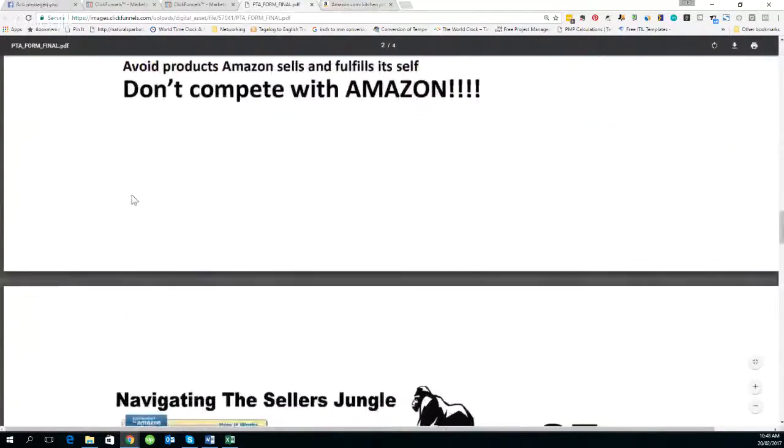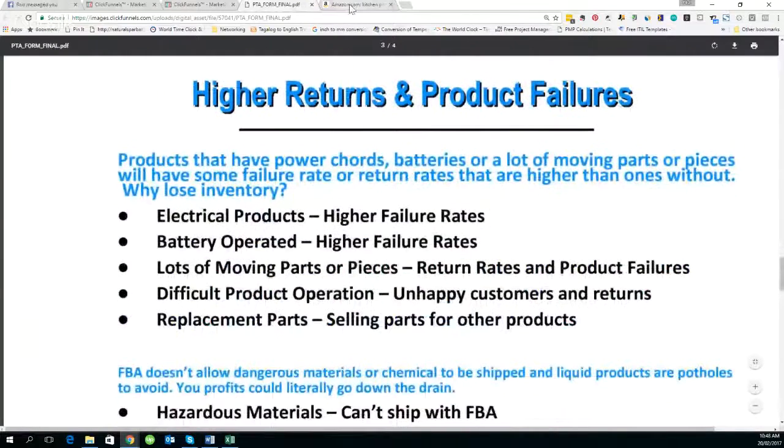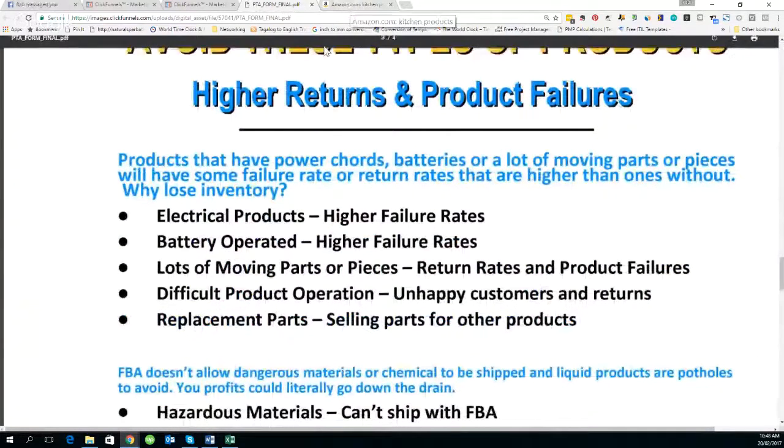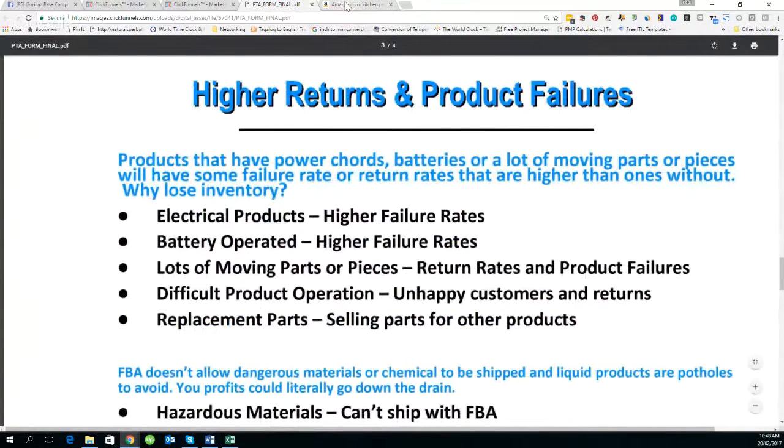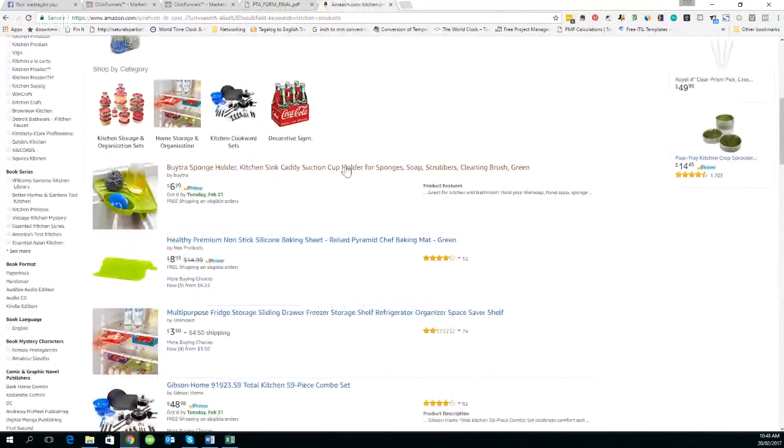Once you start to go through this product research, you'll have these products to avoid in your mind, and you'll be able to filter out a lot of products without having to refer to it again. But initially, print it out and apply the logic when you're searching through.